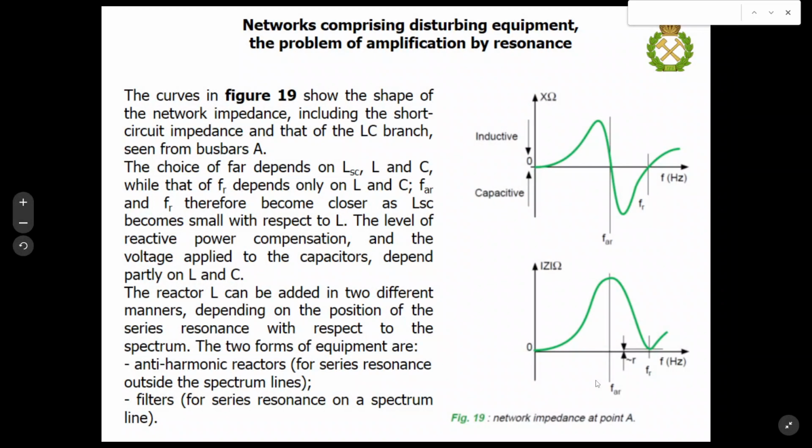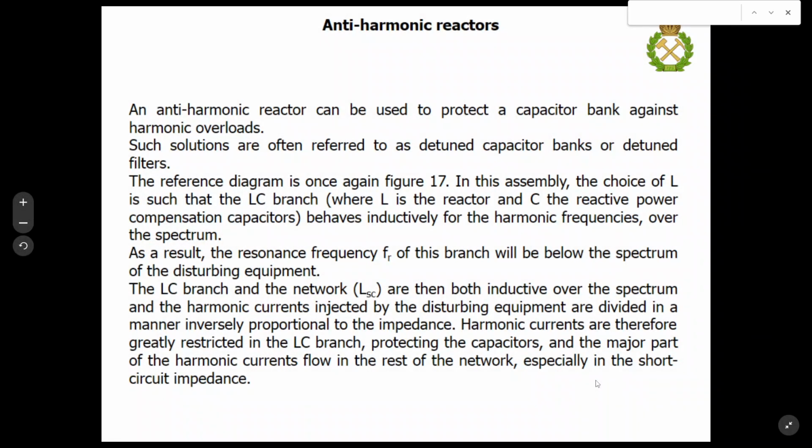And also we can tune such a filter to displace the frequency characteristic to prevent such resonance conditions. For this purpose, we should use anti-harmonic reactors intended to eliminate harmonics from resonance conditions.